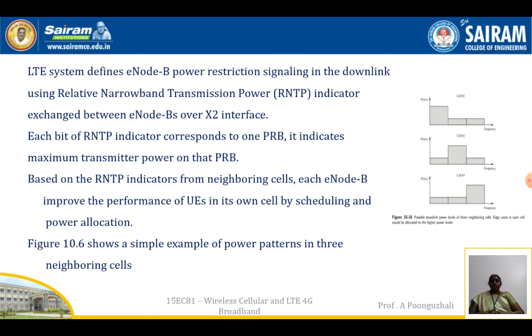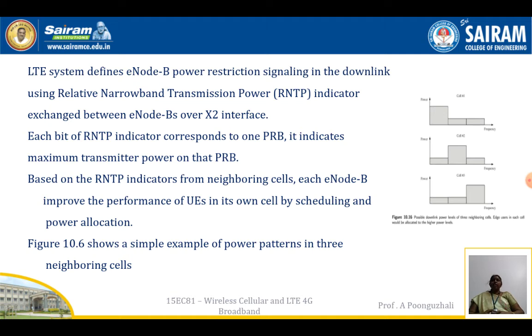So here an LTE system is going to define the E node B power restriction signaling, in the downlink. How it is done is using a relative narrowband transmission power indicator, which is exchanged between the E node Bs over the X2 interface.